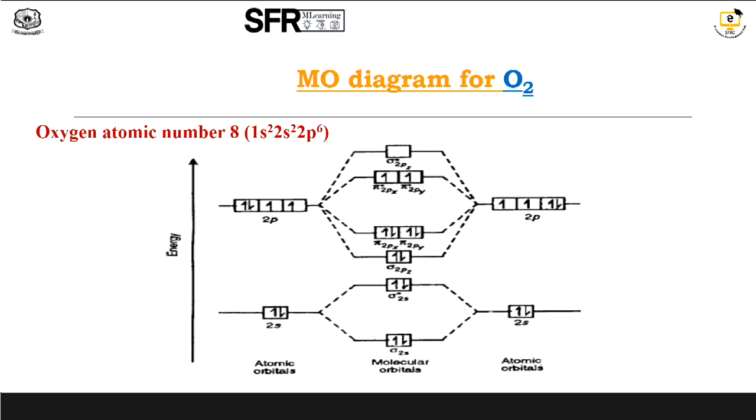The remaining two electrons go to the anti-bonding molecular orbitals pi star 2px and pi star 2py. So this is the MO diagram for the neutral oxygen molecule. There is no charge carried by that molecule.